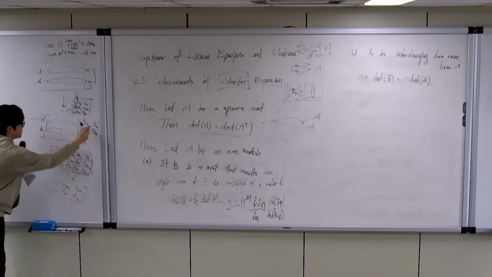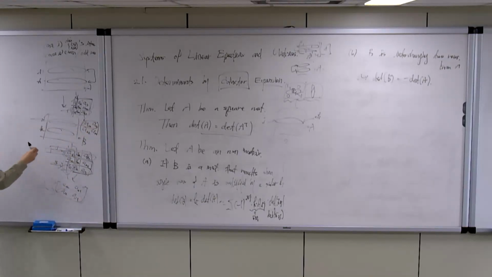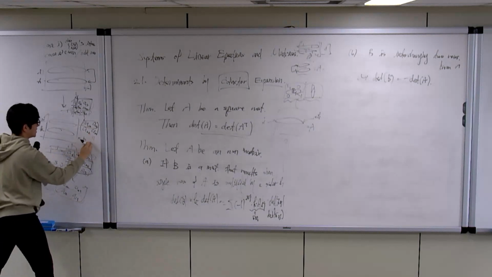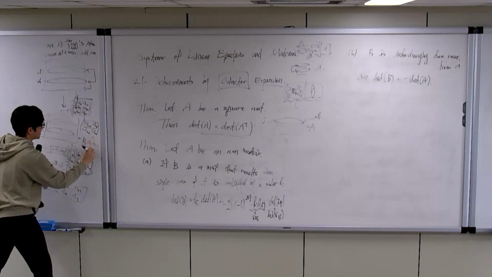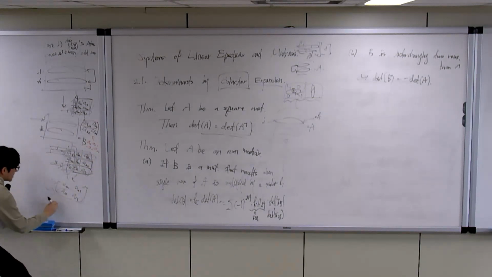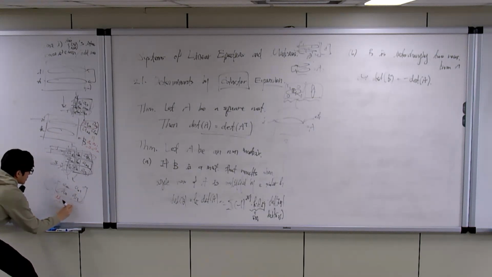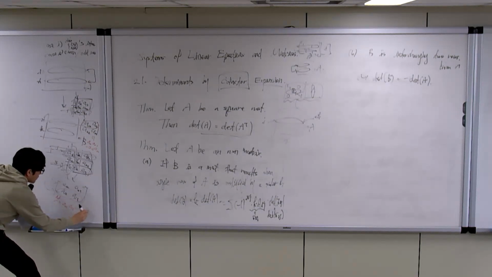Like this. And we know the determinant of this is A12 A21 minus A13 A22. However, this determinant is A22 A13 minus A23 A12.